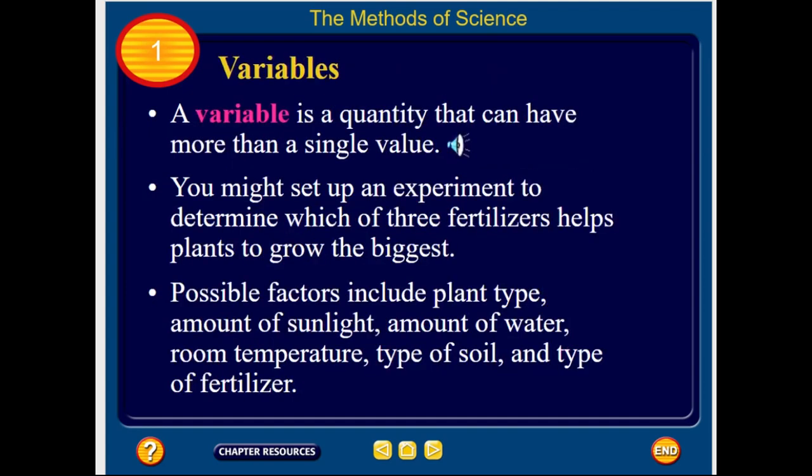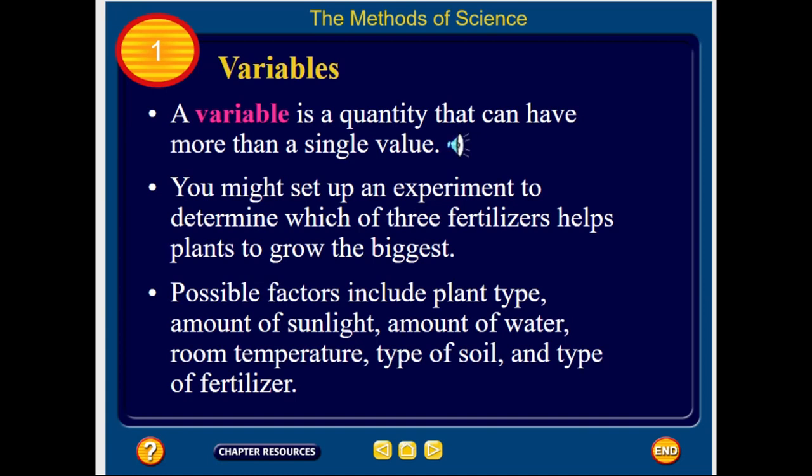A variable is a quantity that can have more than a single value. You might set up an experiment to determine which of 3 fertilizers helps plants to grow the biggest. Fertilizer type would be a variable.